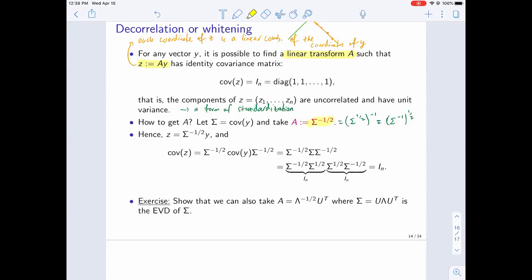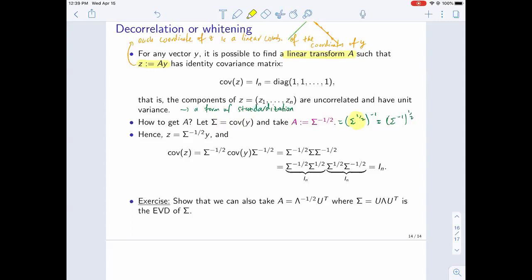So does anyone remember what the square root of a matrix was? Sigma here is the covariance of y. What does it mean to write sigma to the 1/2? It's the matrix where sigma to the 1/2 times itself is equal to sigma.